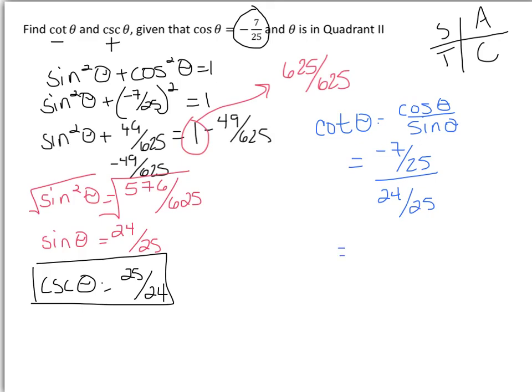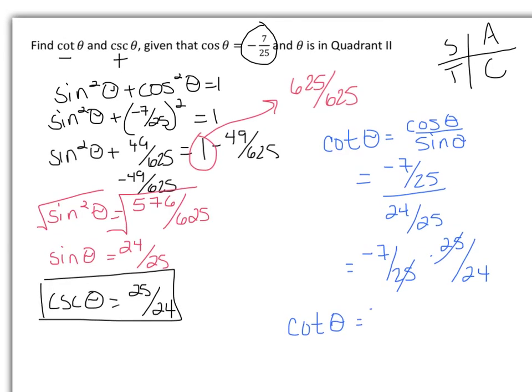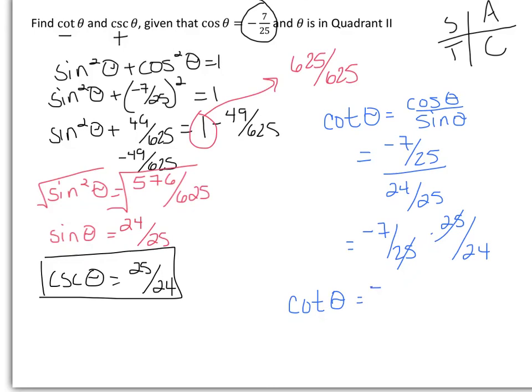So I can rewrite that, negative 7/25 times 25/24, and I get that the cotangent of theta is negative 7/24. And again, looking at what I did in the beginning, I know that cotangent must be negative.